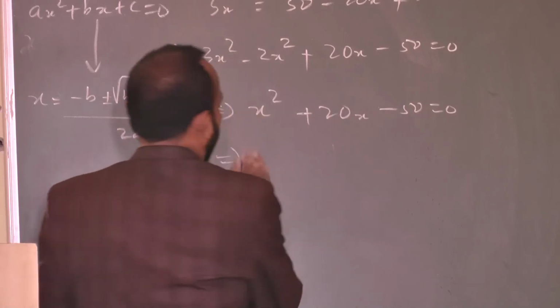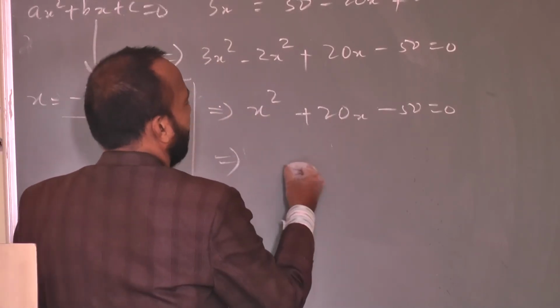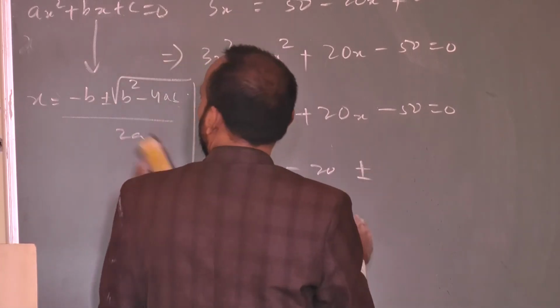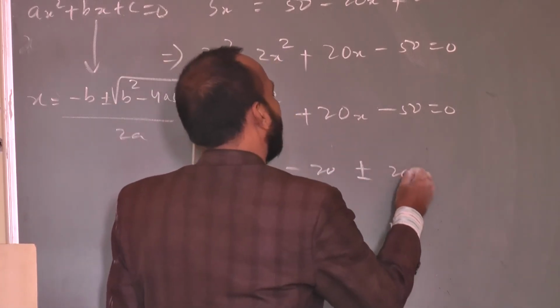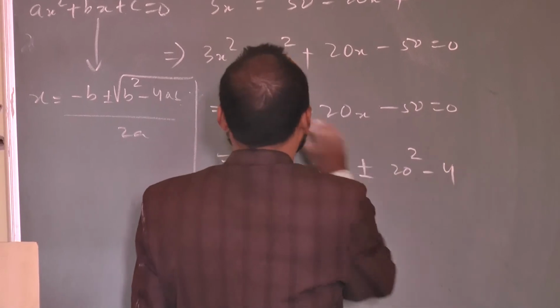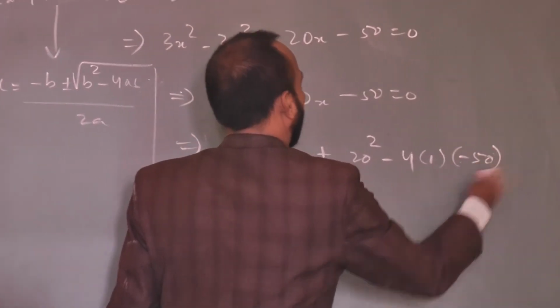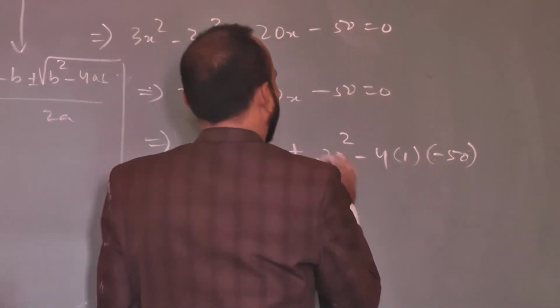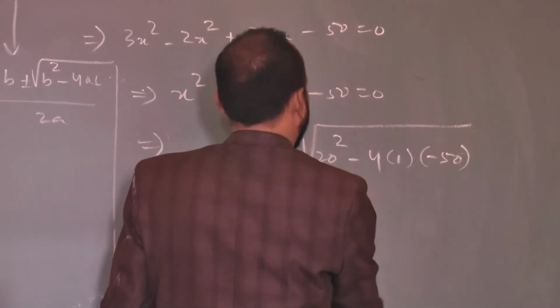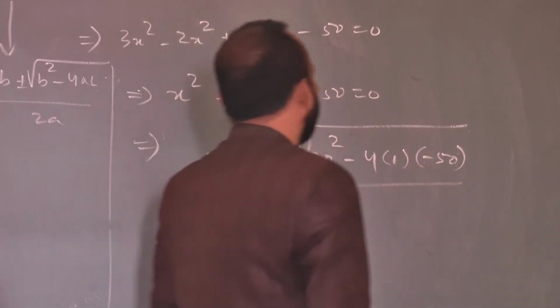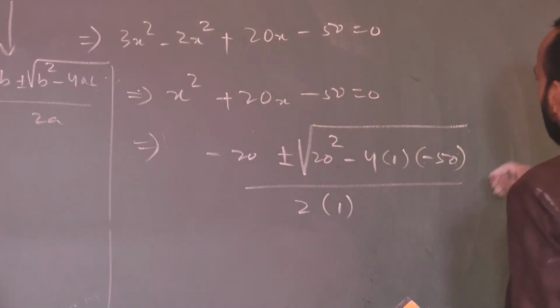Now, the middle term is minus b, that is minus 20, plus or minus square root of b square. What is b? 20. 20 square minus 4 into a. What is a? 1. And c is minus 50. Square root, divided by 2a. What is 2 into a? 2 into 1. Please calculate how much you will get.